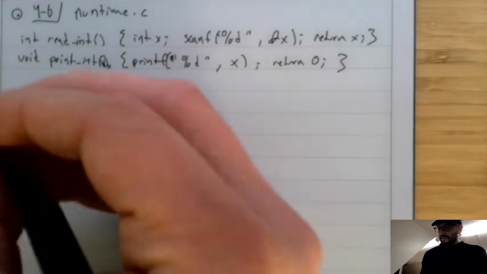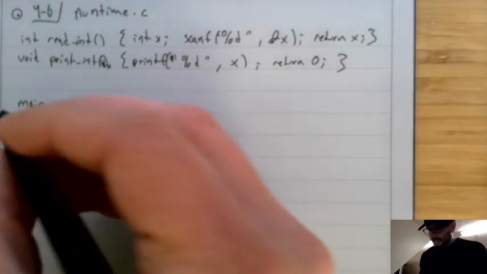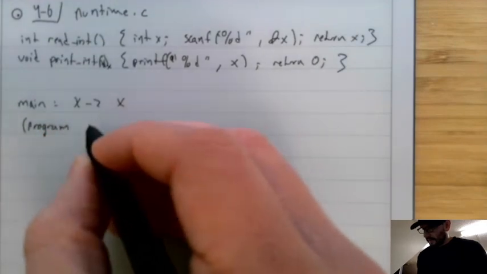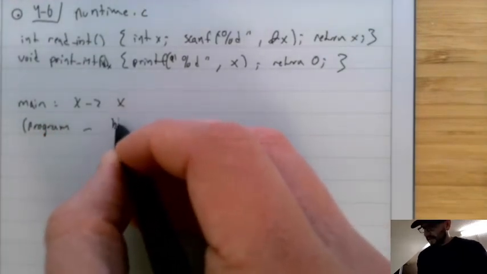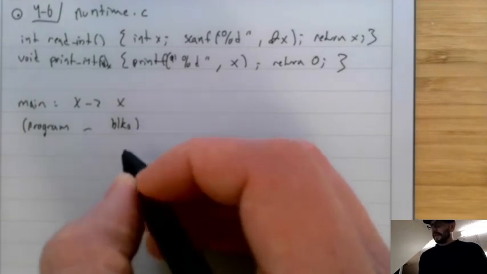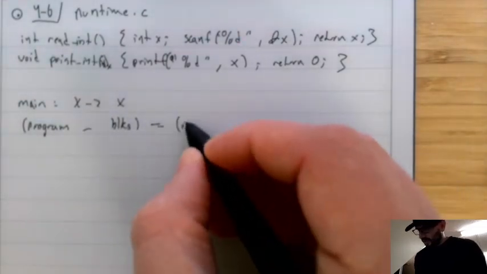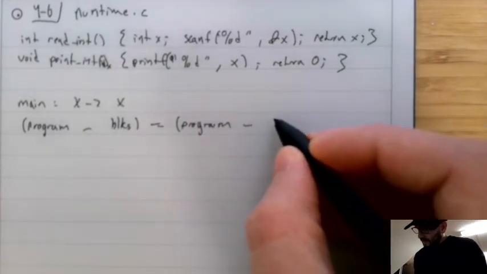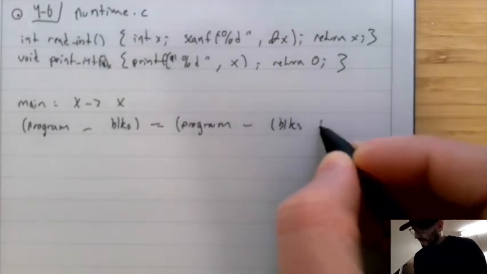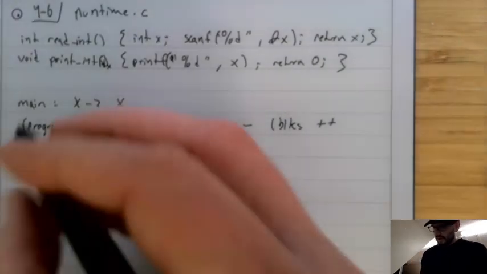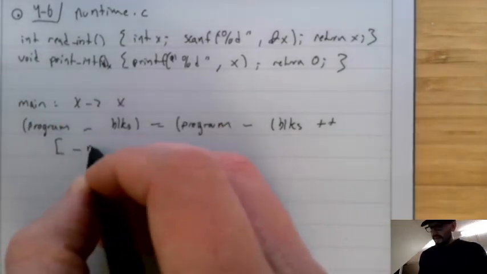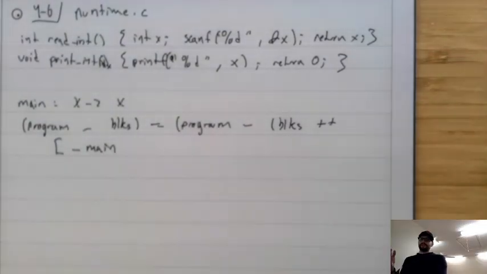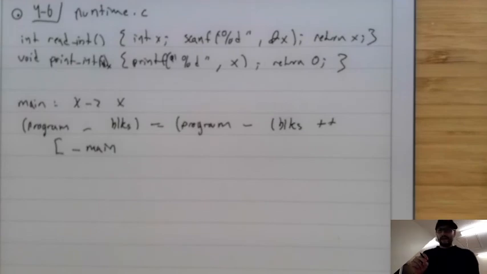Okay, so what main is going to do is it gets a program that has some blocks, and it's going to return a new program with the same blocks, except one more. This new block will be a binding for main. I'm writing underscore main because I'm assuming you're on a machine that requires an underscore in front.